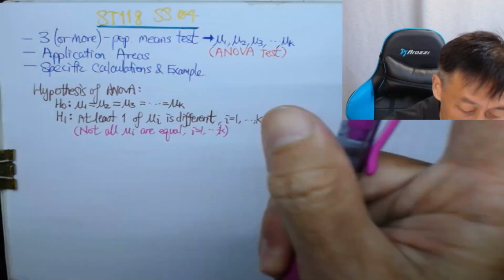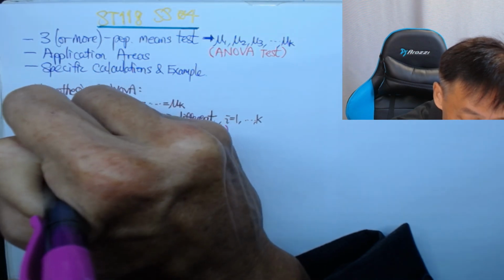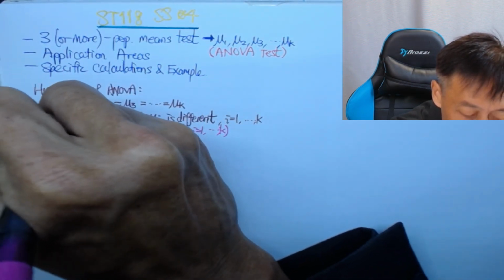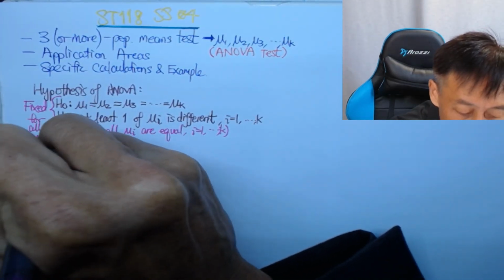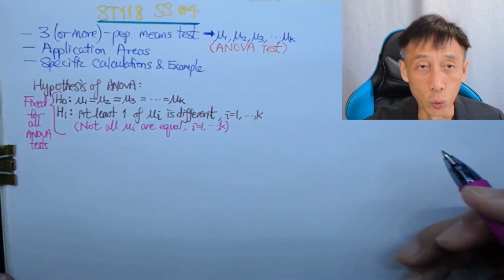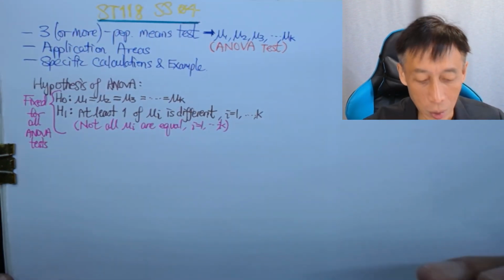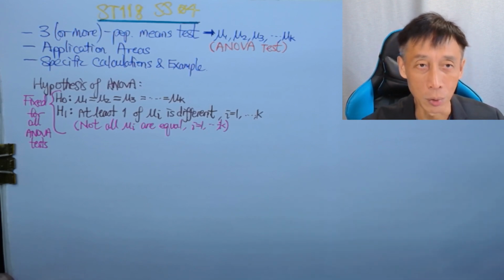All right, let's just write that down: fixed for all ANOVA tests. So you don't really have to analyze the problem as to whether it's less than or greater than, or where to put H naught. No need.